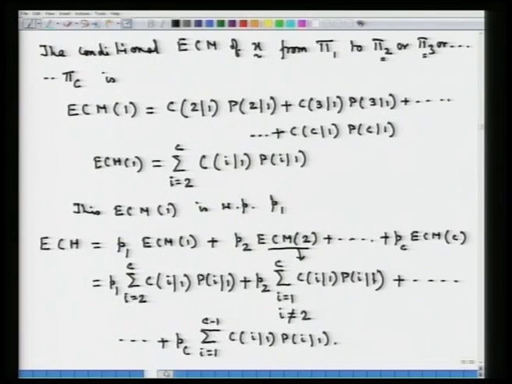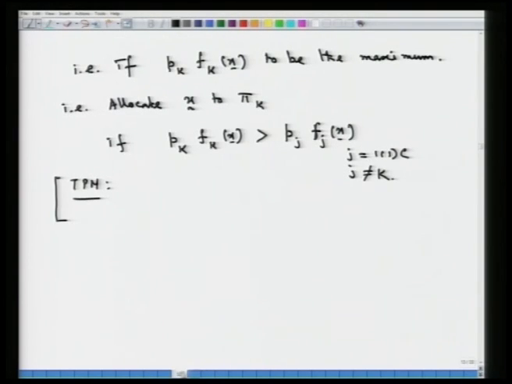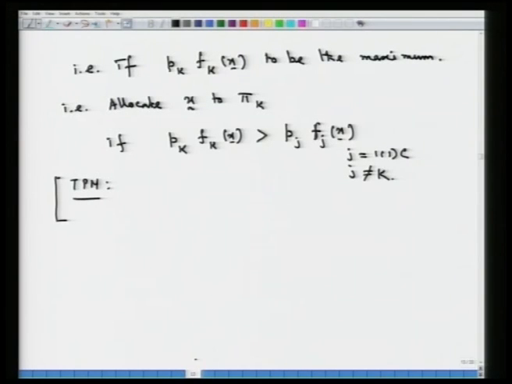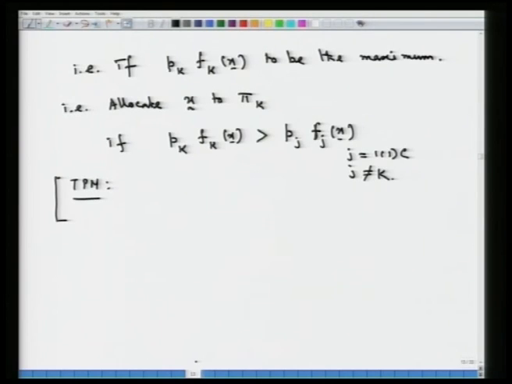Now, if we look at the expected cost of misclassification minimizing rule which we have derived just now, that under an equal cost setup was reduced to allocating x to pi_k if the sum like this is the smallest, or in other words the term which is left out in this particular sum is the largest. That is, x was being allocated to pi_k if p_k f_k(x) is maximum among all possible such products.